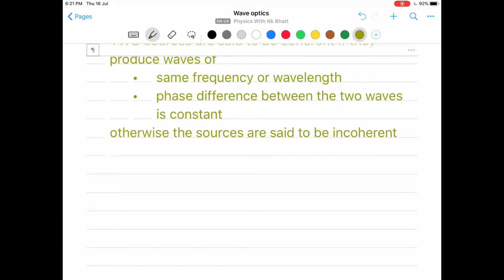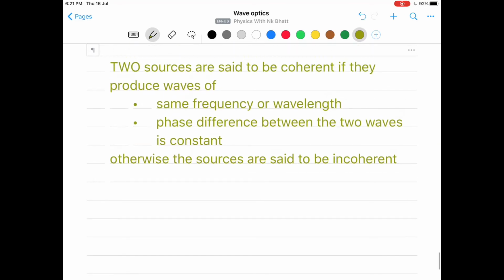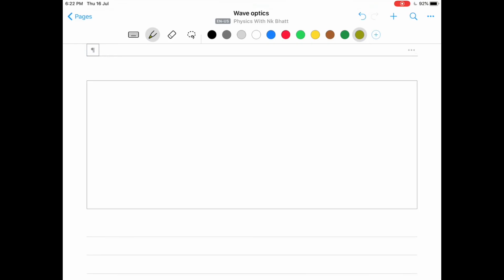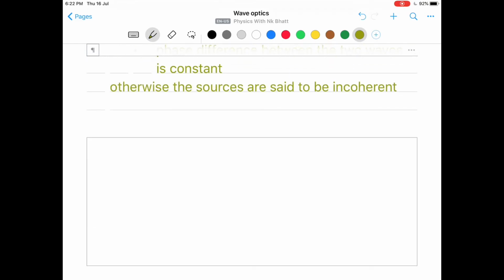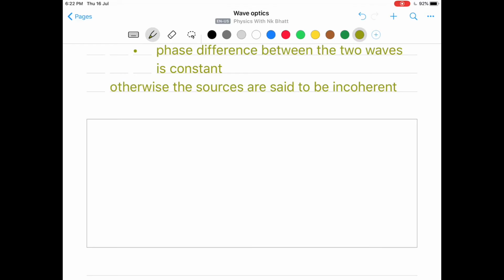How to understand this? This is possible only if positions of the two sources are fixed, the positions are not changing randomly, then the sources would be coherent sources for the particular point of interest where we want the wave reaching. To understand this diagrammatically, I just take here two sources S1 and S2.